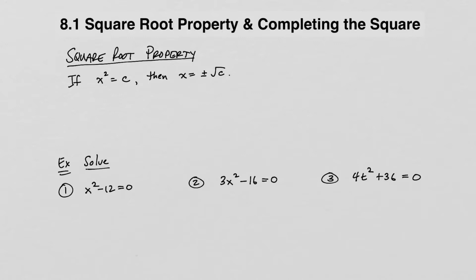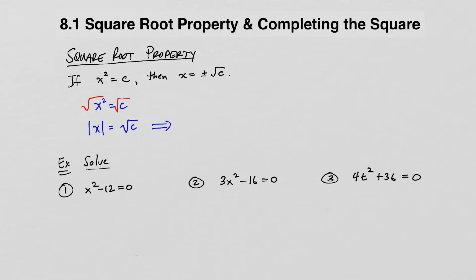And it's not too difficult to see why this is true. If x squared is equal to c, then what we can do is we can take the square root of both sides. The square root of x squared we know is the absolute value of x, and we get the square root of c on the other side.